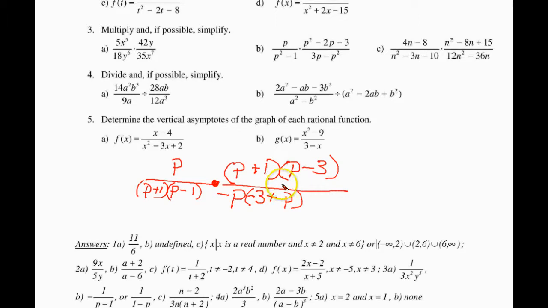Okay, now I look to see where can I cancel. Well, I have a p plus 1 here and a p plus 1 there. I have a p minus 3 and a p minus 3 there. Now, I have here a positive p and a negative p.